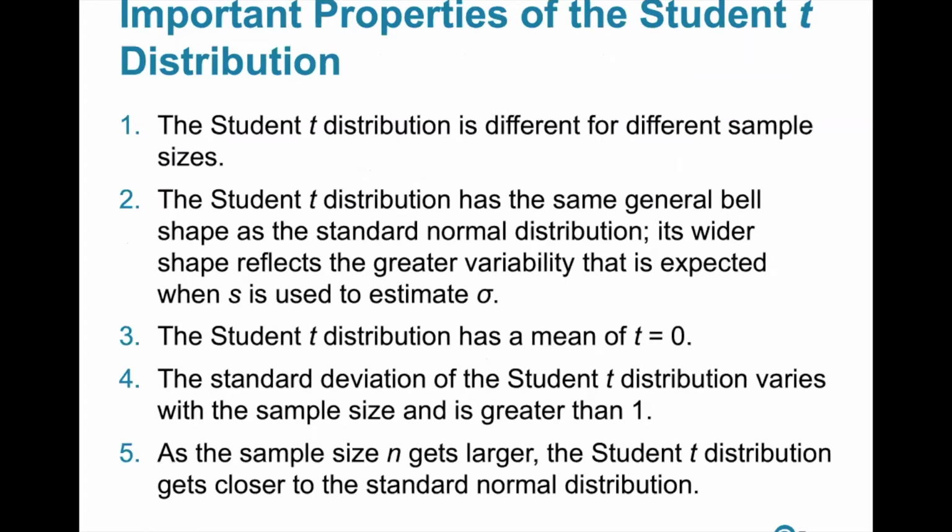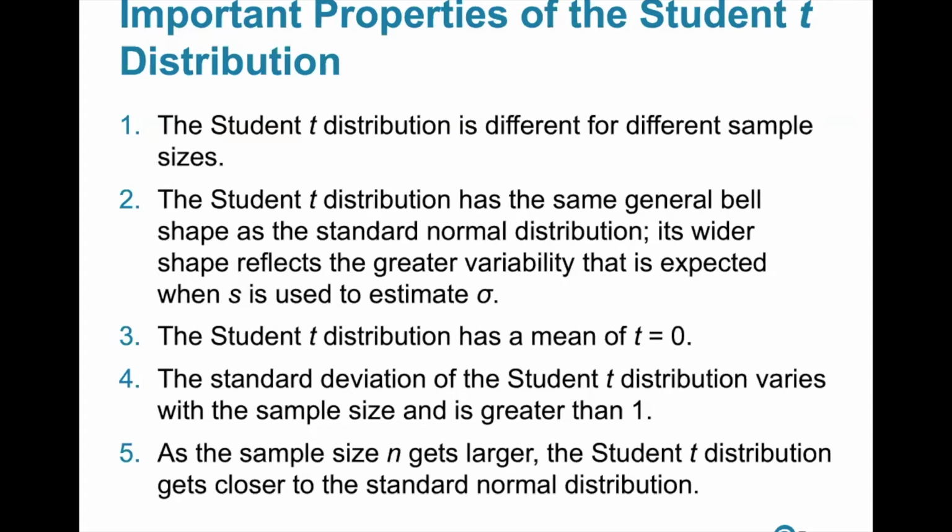Reviewing some properties of the student t-distribution. Number one, it's different for different sample sizes. That's why we need to have the degrees of freedom. Number two, the student t-distribution has the same general bell shape as the standard normal distribution. It does have greater variability because we're using s to estimate sigma.